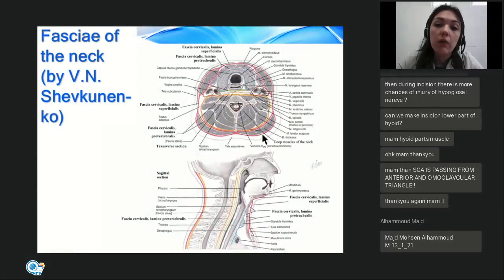Yes, in this diagram, we can see the course of the fascia in the neck. At the previous lecture, you had to discuss that fascia belongs to the auxiliary apparatus of the muscles. Fascia are connective tissue coverings of the muscles.